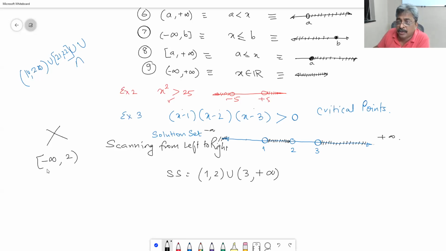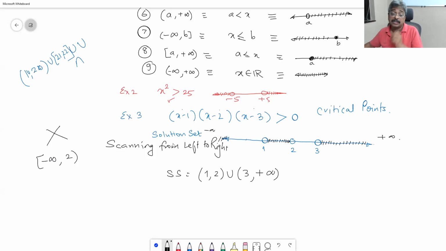You are trying to control infinity. Impossible. That is a completely wrong statement. You can keep it open or you can close it for a finite real number, not towards infinity.